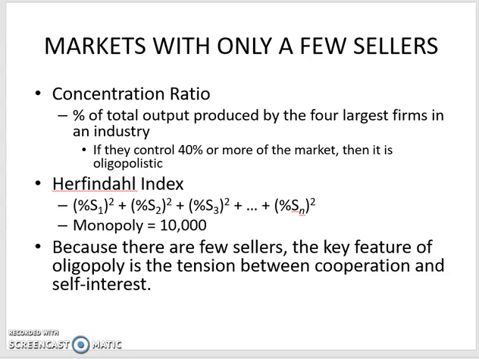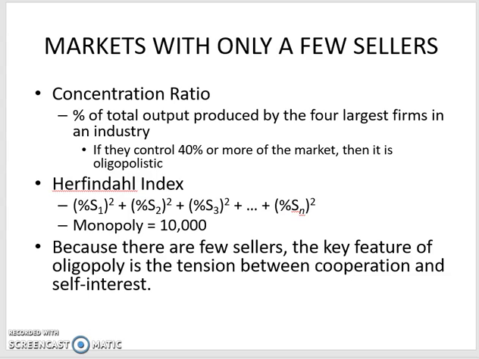So the Herfindahl index, it looks like a really complicated formula, but it's actually very simple. All you do is take each company's concentration ratio and square it and add it to the next company, and so on and so on. Now, the biggest possible Herfindahl index value you could get would be a company that controls 100% of the market, which would be a monopoly.